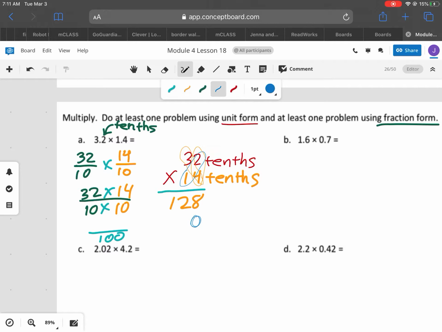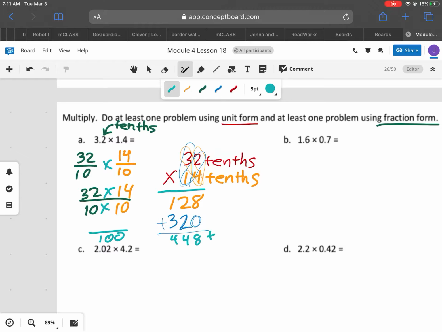So now we do 1 times 2 is 2. And 1 times 3 is 3. Alright, and then we add those up. And we get 8, 4, 4.